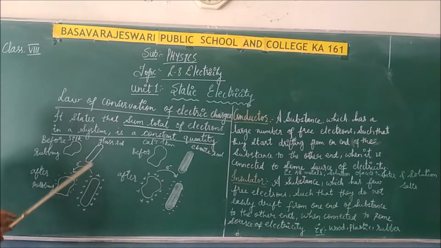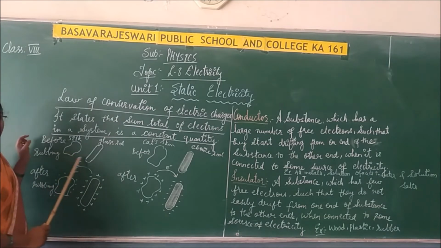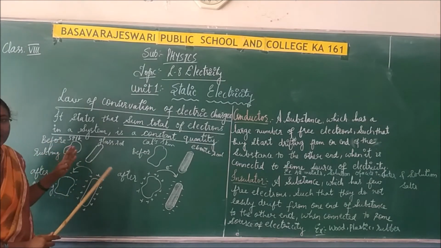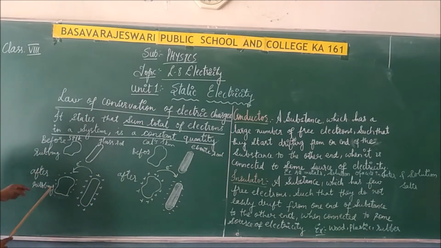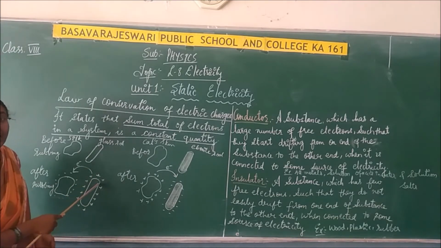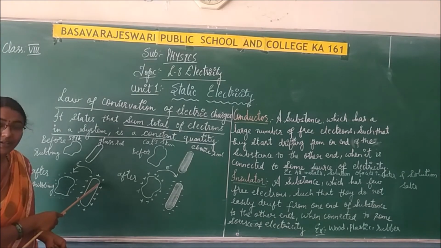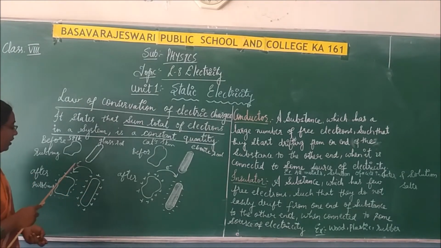So before rubbing, silk and glass have their own charges. After rubbing the silk cloth against the glass rod, what happens? The electrons from the glass rod get transferred to the silk cloth.